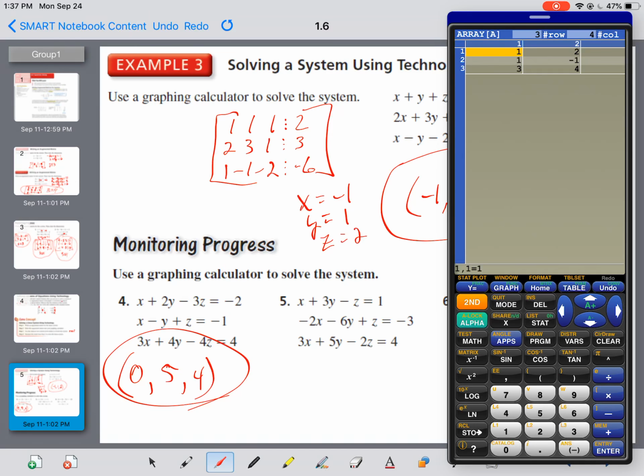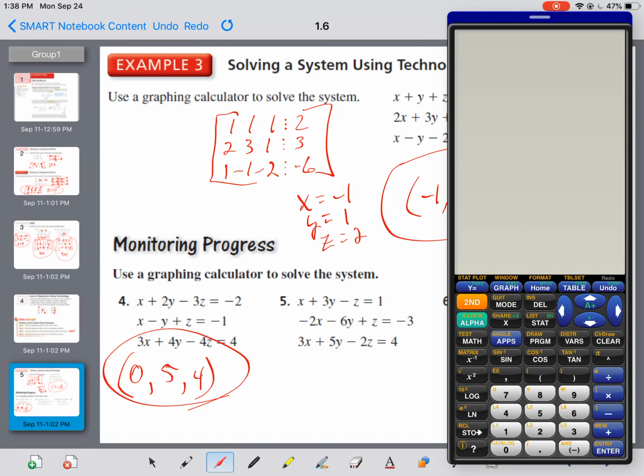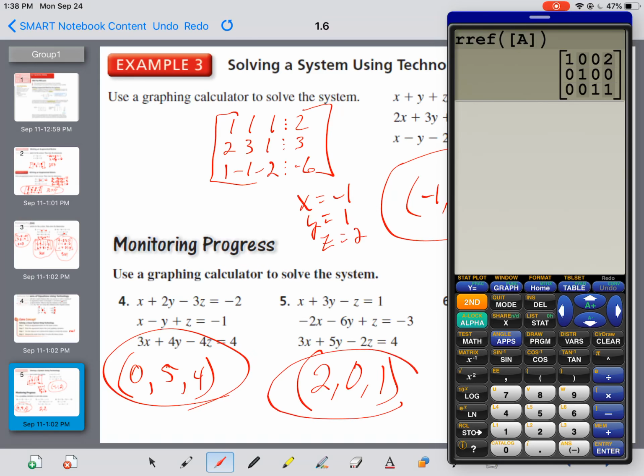So let's go back into 1, and then 3, and then negative 1, and then 1, and then negative 2, negative 6, 1, negative 3, 3, 5, negative 2, 4, okay, and we're going to quit, go back to matrix, go to math, ref, matrix, A, close it, enter, and so X is 2, Y is 0, Z is 1.